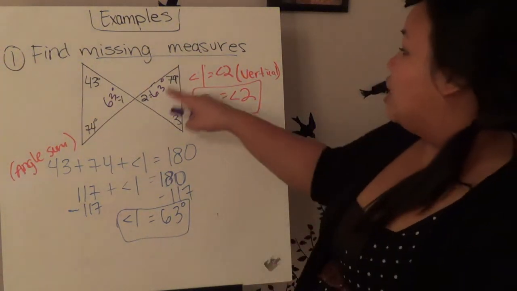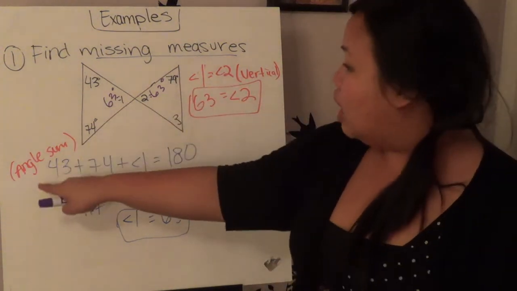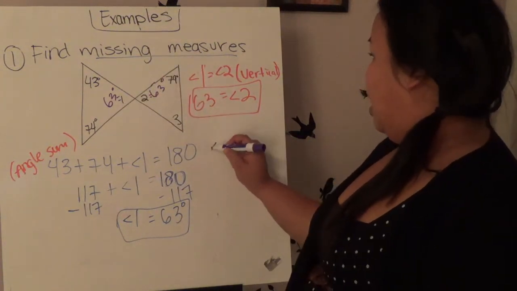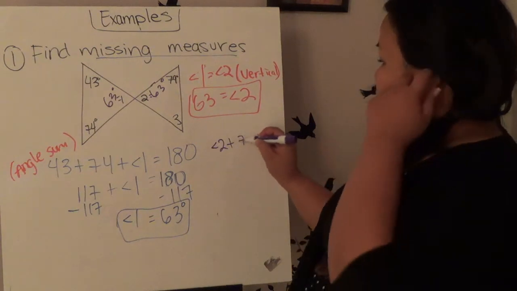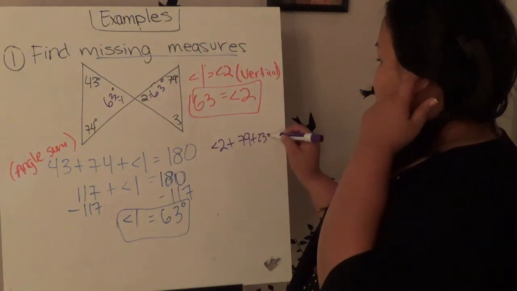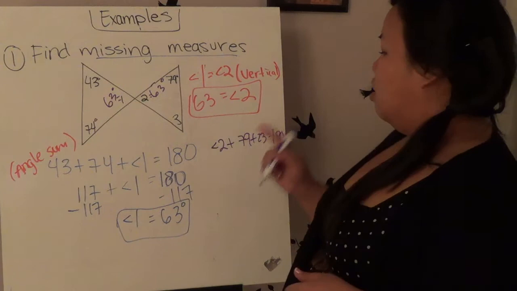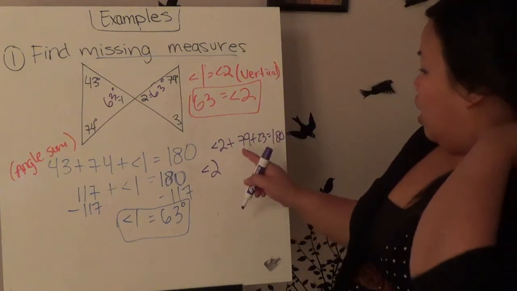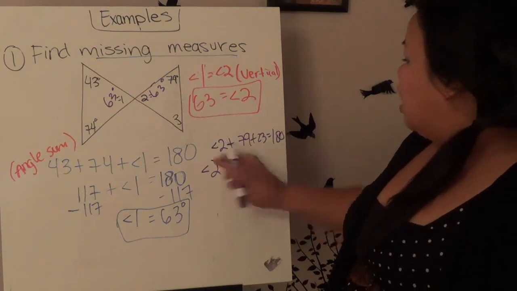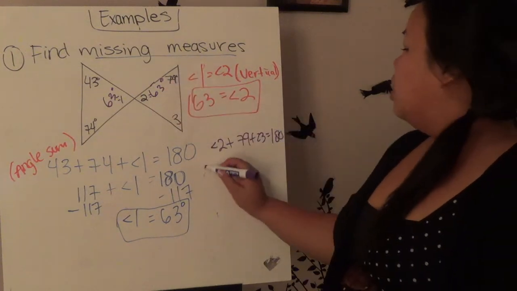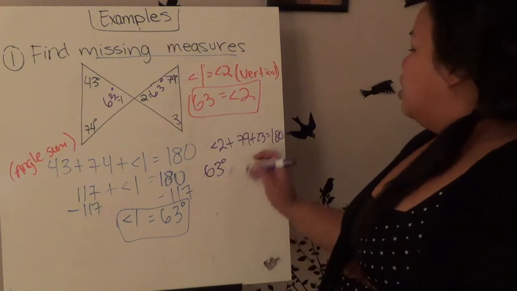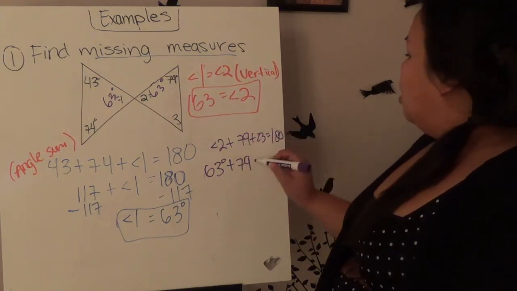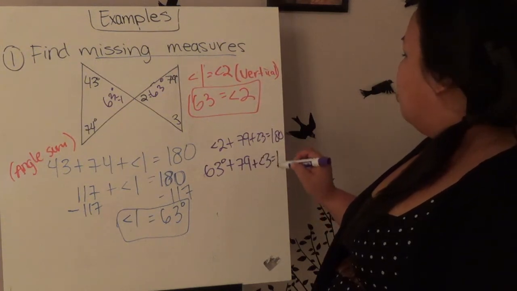Now, because I have this second angle, I can again use the angle sum to solve for angle 3, which is telling me that angle 2 plus 79 plus angle 3 equals 180 degrees, right? Angle 2, sorry, is 63 degrees. So 63 plus 79 plus angle 3 equals 180.